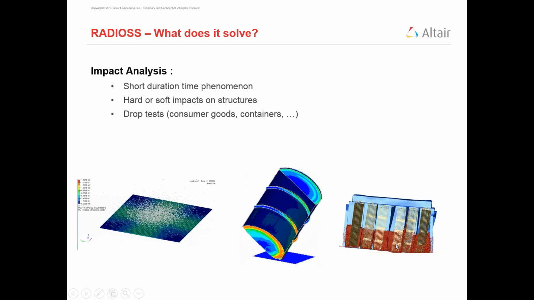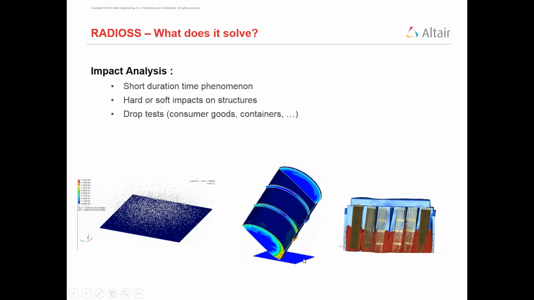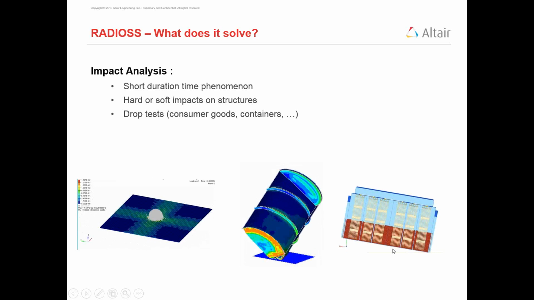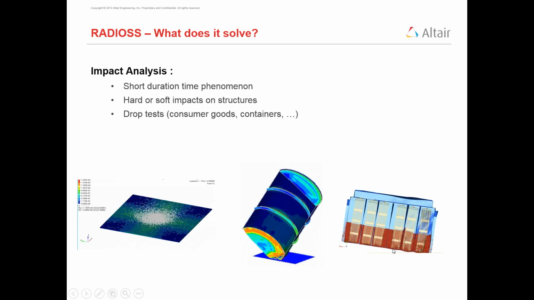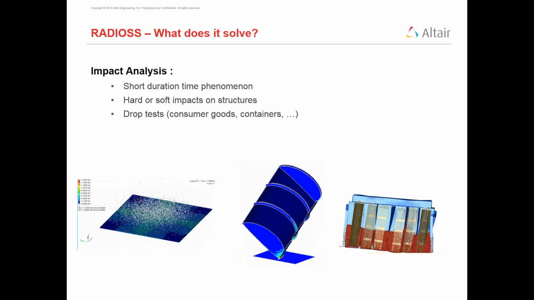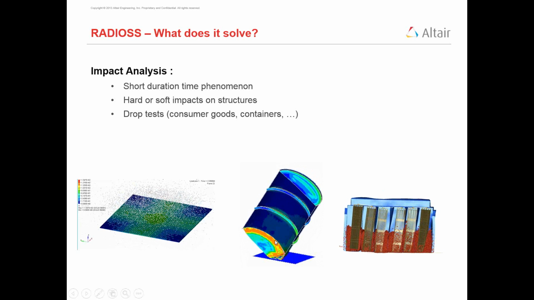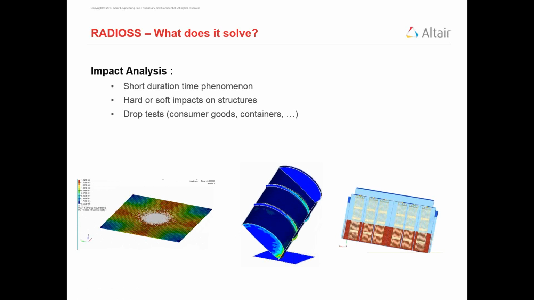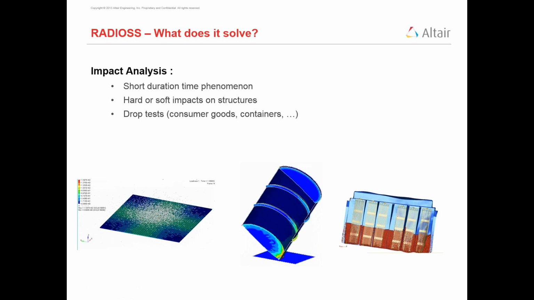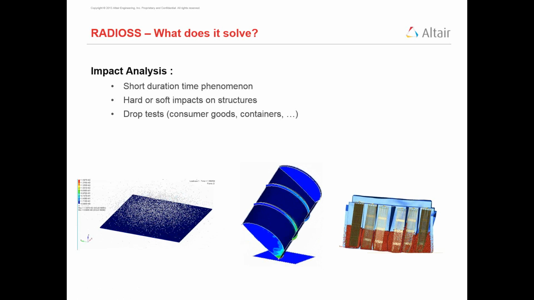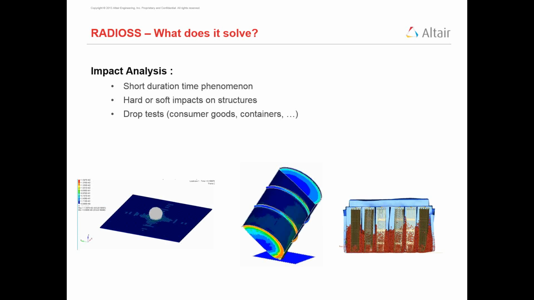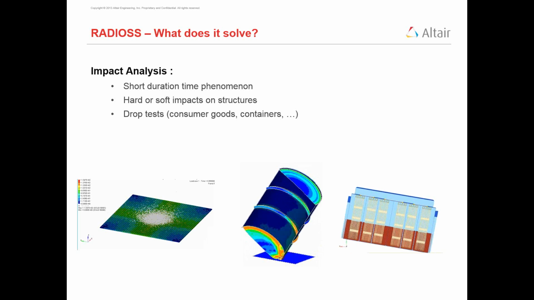RADIOSS is also used for impact such as drop test. You can also see a simulation where we do smoothed particle hydrodynamics analysis, SPH. So RADIOSS can be used in all these different types of applications. Even though we talk about crash today, we shouldn't be limited to crash only. It has many areas where we can use it.